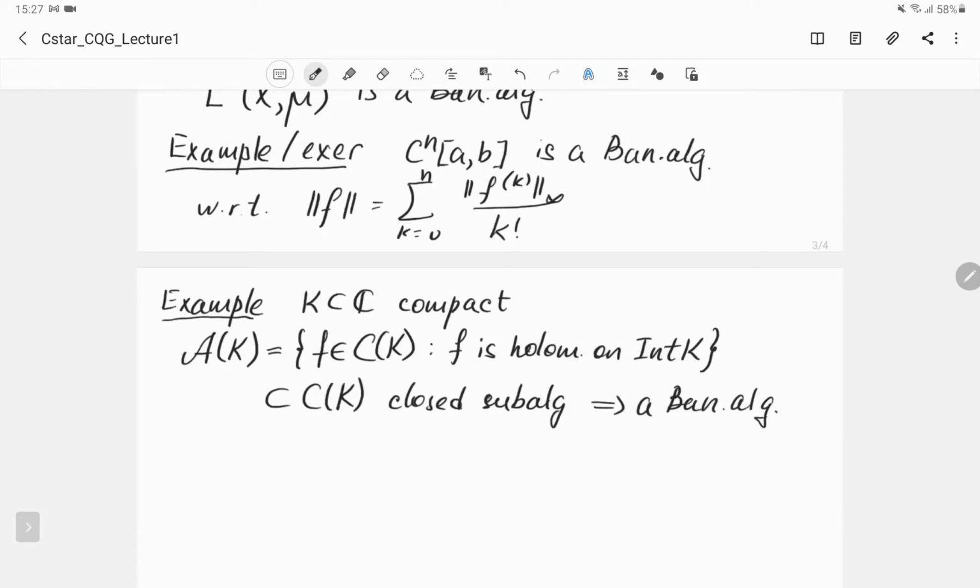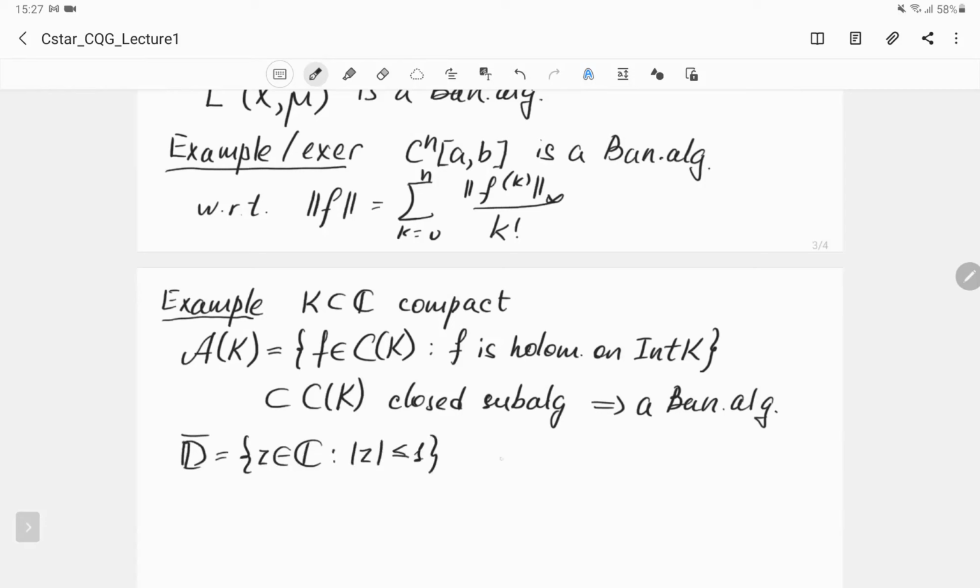An important special case is the case where K is the closed disk on the complex plane. So let's denote by bold D the closed disk of radius 1 centered at 0.